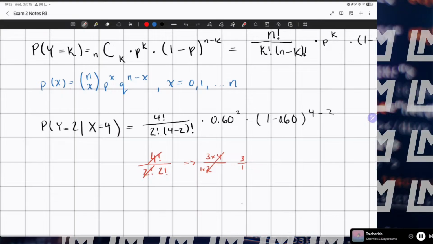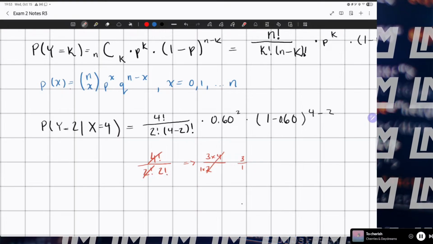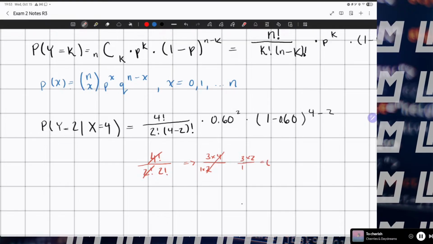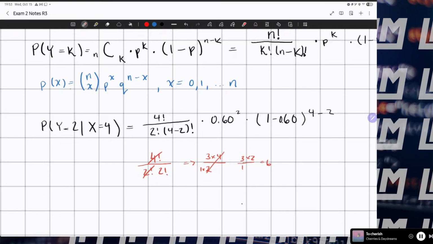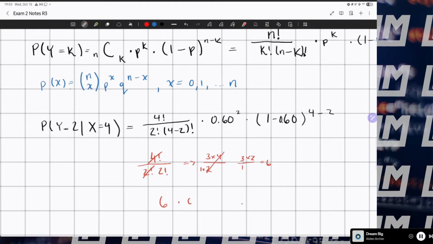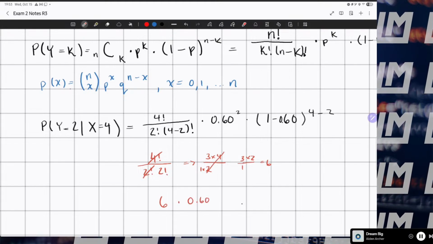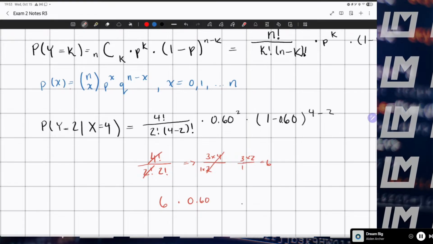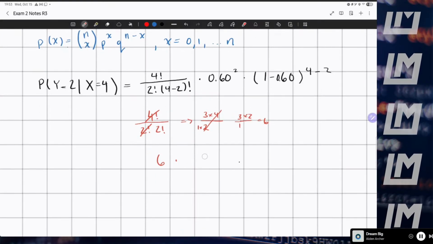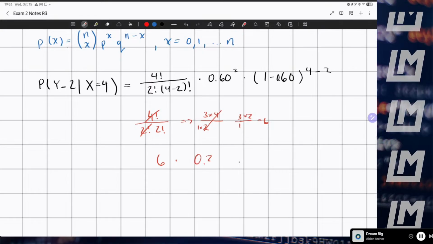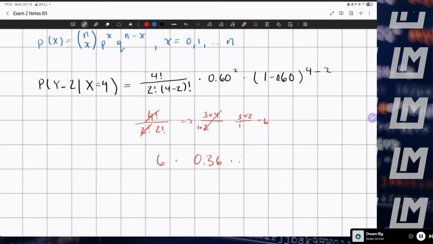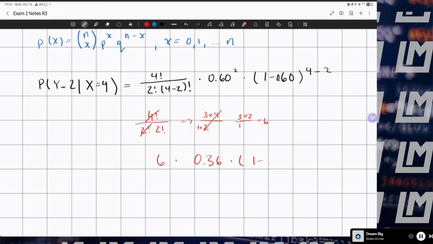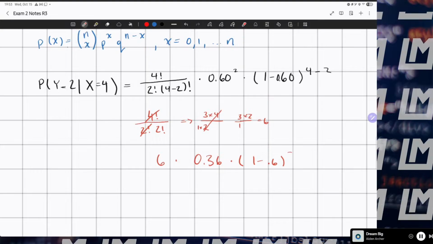What am I doing wrong here? Oh, because it's 3 times 2. I forgot to carry that over. So then that's 6. That's where little mistakes happen. So then that's 6 times 0.60 squared, which is 0.36, times 1 minus 0.6 to the power of 2.